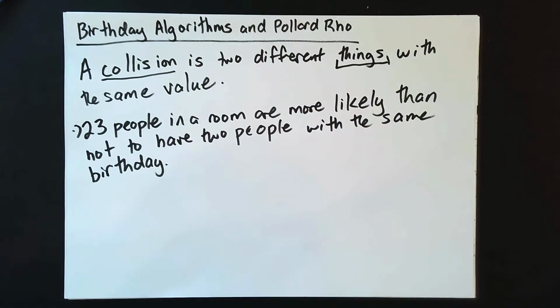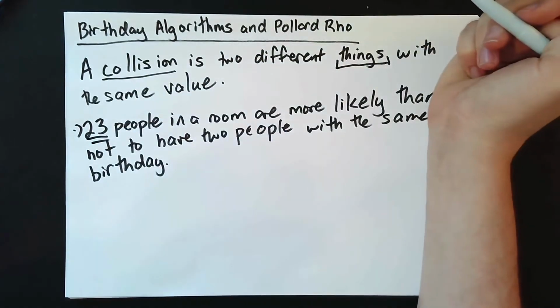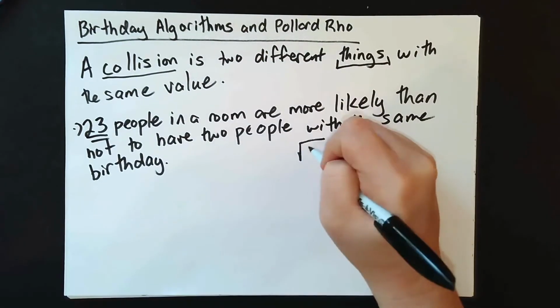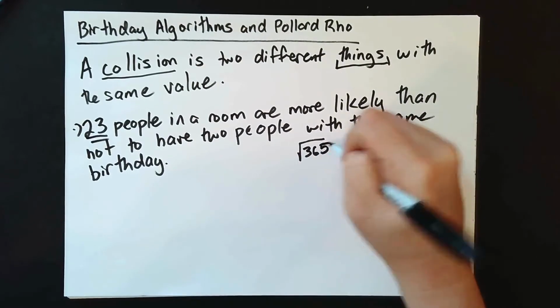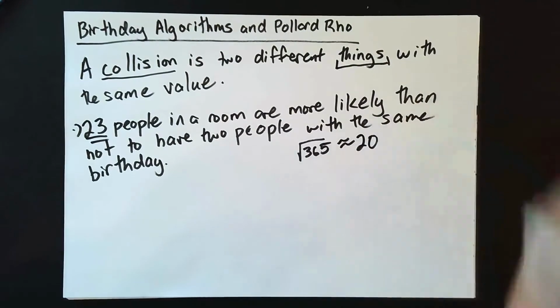So in other words, there's 365 possible birthdays. This 23 actually is not of the order of 365. It's actually closer to the order of the square root of 365, which happens to be about 20.